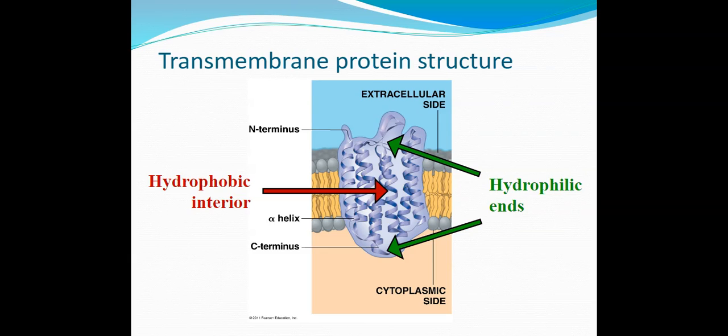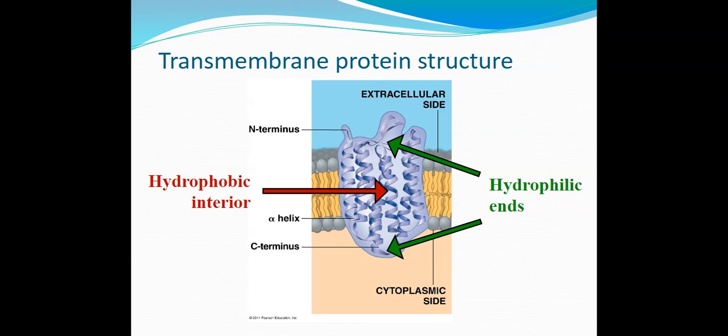So here's a good example of one of our transmembrane or integral proteins, inserted inside of the membrane. We can see that it has to have hydrophilic portions, because we have fluid either internally, that's the cytoplasm, or externally, that's the extracellular fluid on the outside. Both sides are going to have water-like substances, which means it has to be hydrophilic. However, inside, we have those hydrophobic tails, so it must also exhibit hydrophobic properties.